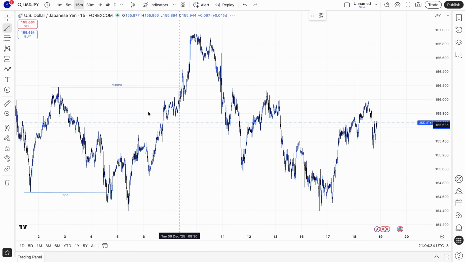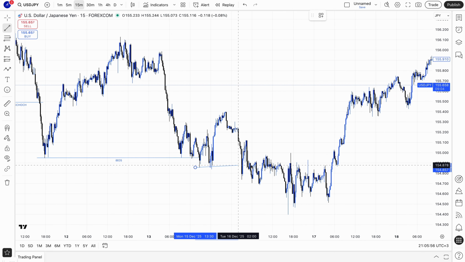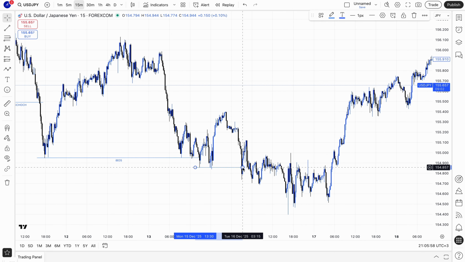Then we had our break of structure, break of structure to the downside, and then we had the break of structure to the downside, push, break here.